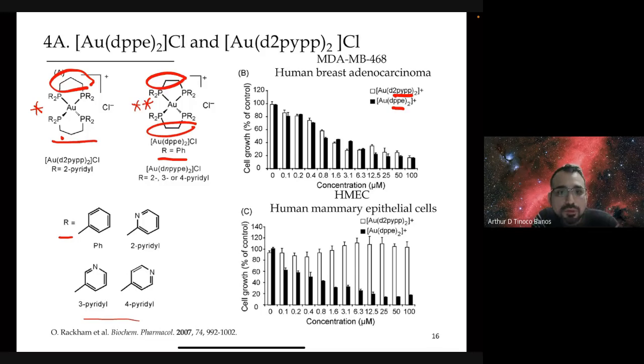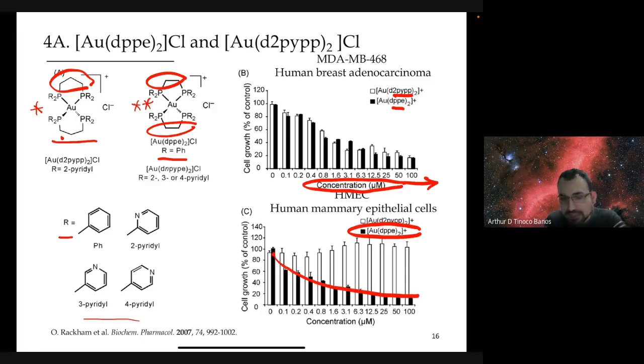Both of them are quite effective in terms of the anti-proliferative effect, where you have this dose response. As you increase the concentration, the cell growth decreases, and it seems to be in a very comparable manner. But when you focus on the non-cancer cell line, you see that the gold DPPE, the compound to the right, also has an anti-proliferative effect.